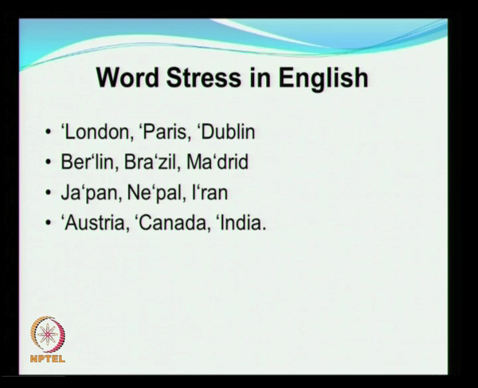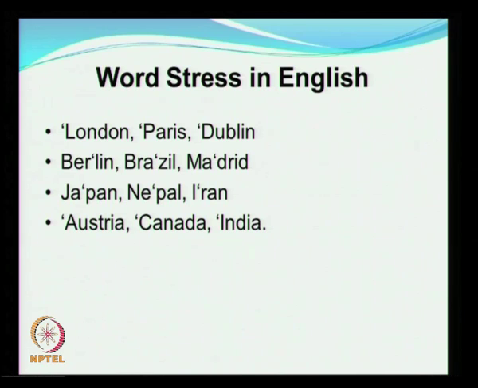Brazil. Next. Madrid. Where is Madrid? Spain. The capital of Spain. So in English it is pronounced not as Madrid but as Madrid. Not Berlin but Berlin. Not Brazil but Brazil. Very erratic.